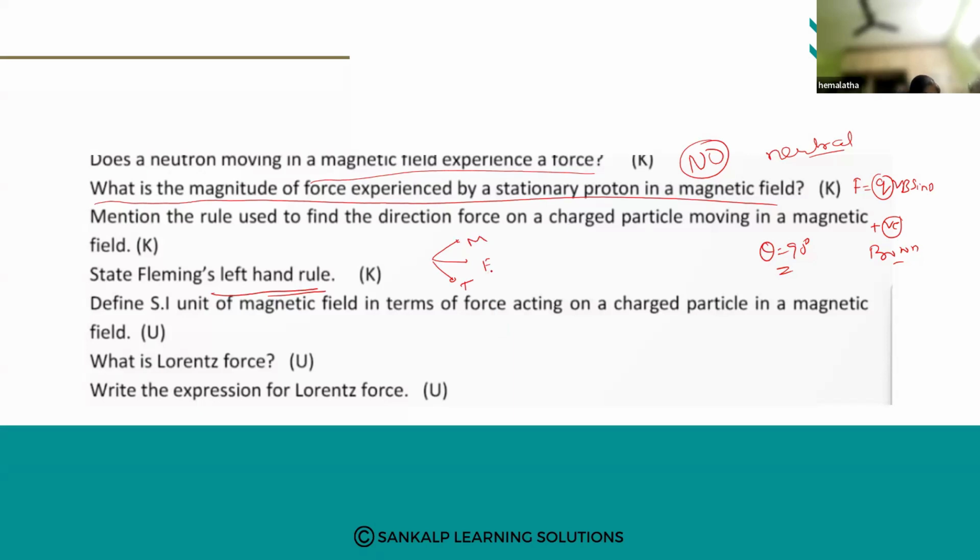Which one represents what? Here the thumb will point the direction of the force acting on the conductor. Thumb represents the force acting on the conductor. This is Fleming's left hand rule.